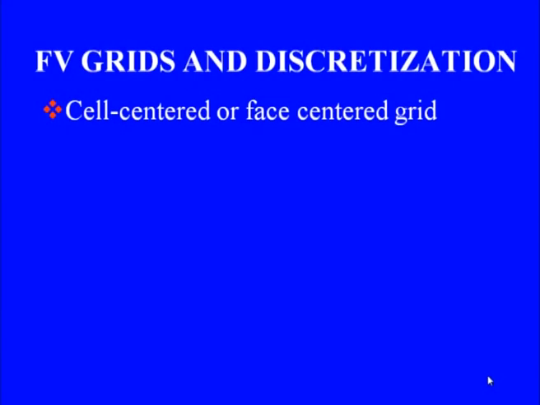Now, let us have a look at what choices we can make for discretization and how we proceed with the finite volume formulation to solve this problem. Let us have a look at our board: finite volume analysis of 1D heat conduction.